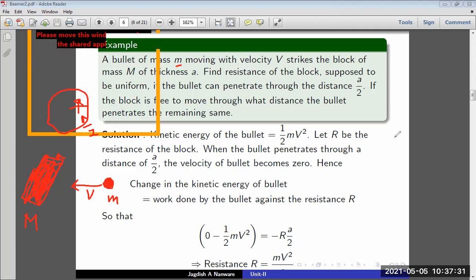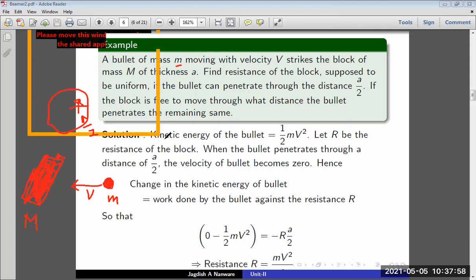So if the block is free to move, through what distance does the bullet penetrate the remaining? So this block is allowed to move freely because of the hit of this bullet. So that is what we are going to assume, and then we have to find the resistance of the block.